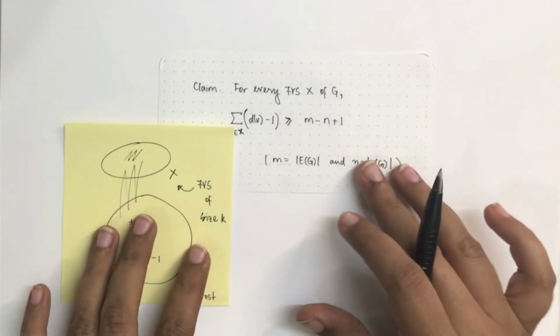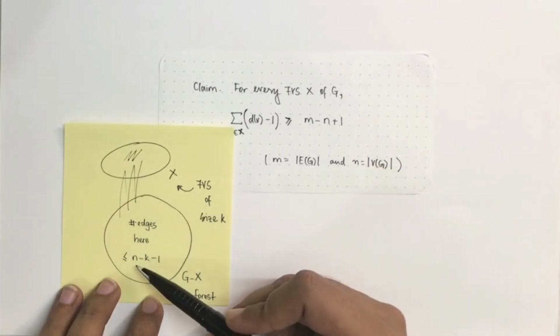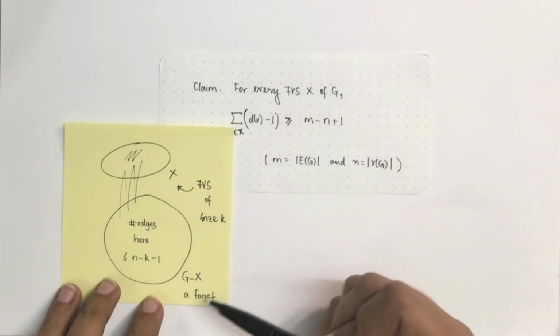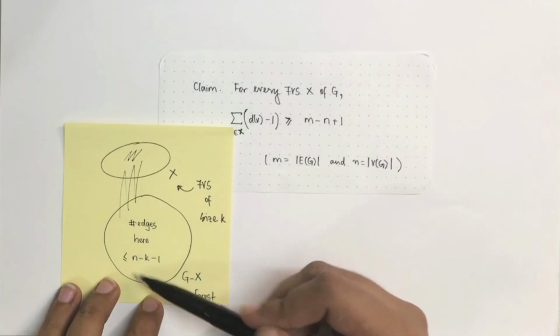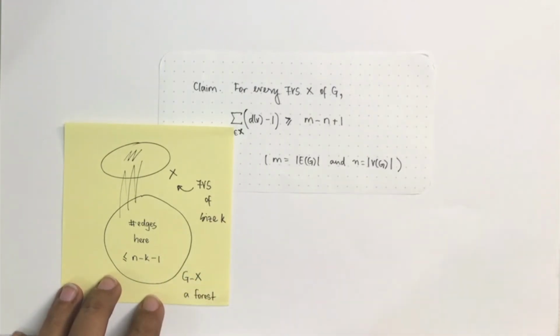So here's a FVS of size k, and here's the rest of the graph. Now, the rest of the graph, being a forest on n minus k vertices, can only accommodate n minus k minus 1 edges.